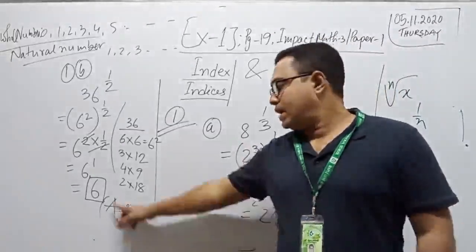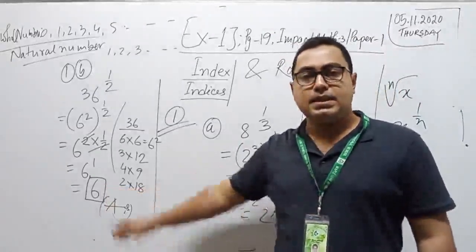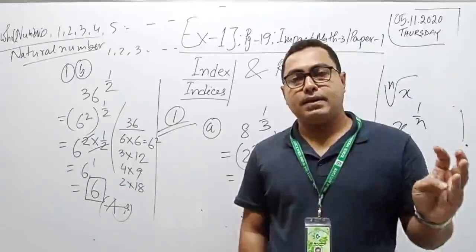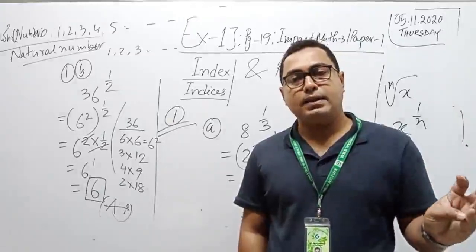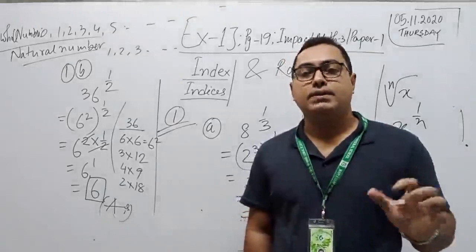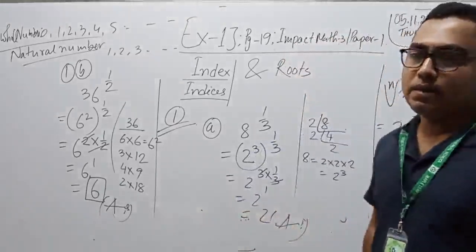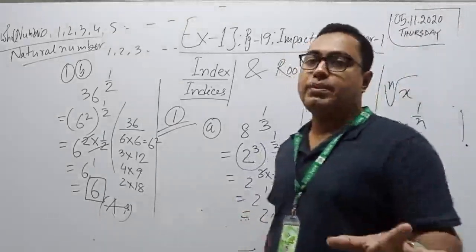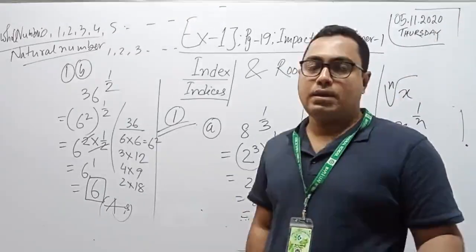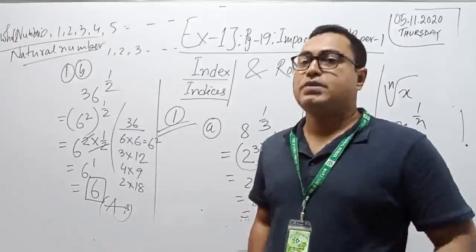Okay. Here this 6 is called whole number, integer number, positive integer number, and counting number. Sometimes I call it rational number also, because 6 can be written as 6 by 1. So you need to know the representation of numbers.